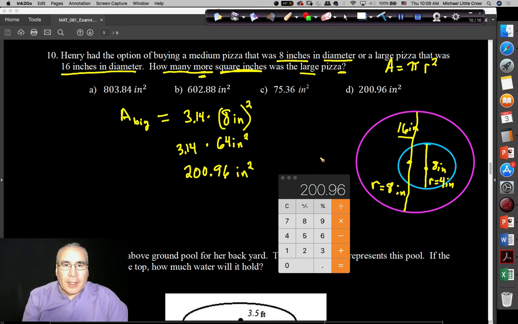Okay. Then we're going to do the smaller pizza. So the area of the medium is going to be 3.14 times 4 inches squared.